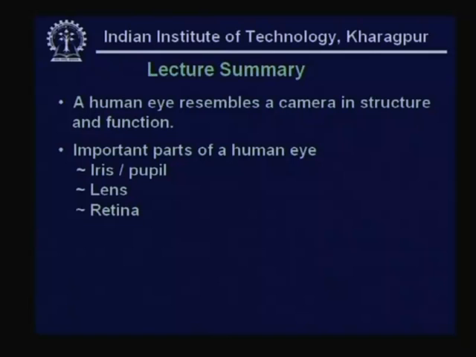Now, what we have seen is that in structure and function, the eye is very much like a camera. It has three major components: the iris or opening, which is also known as the pupil, is similar to the shutter in a camera; a lens which focuses the incoming light, similar to a lens in the camera. However, the difference is, depending on the light available, the lens has the ability to change its shape.